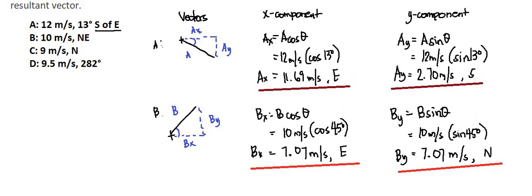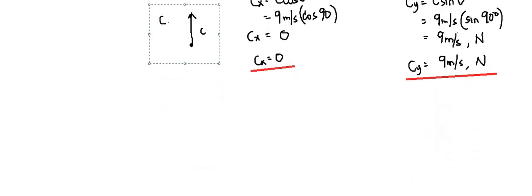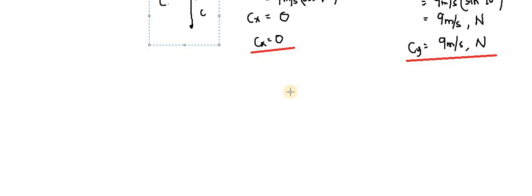We have, for letter D, the other given, we have 9.5 meter per second, 282 degrees. Okay, so that's 282 degrees. So let's draw our vector for letter D. Okay, so we have here our Cartesian plane, and yung 282 na yon, so dito yon maglalay. 282 here.